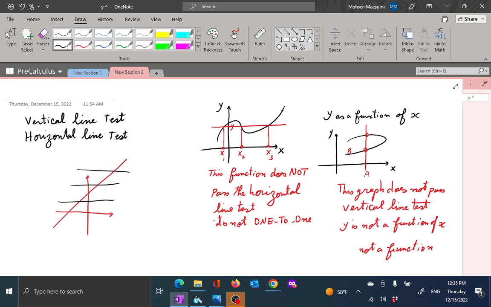Some students get confused here and say, look here, it cuts it only once. That's fine, yes, it cuts it once over there, but the issue is whether there is any line which cuts it more than once, not whether there are some lines that cut it only once. Is there any line that cuts it more than once, in which case it's not passing the horizontal line test and it's not one-to-one, even though some pieces of it might look one-to-one.